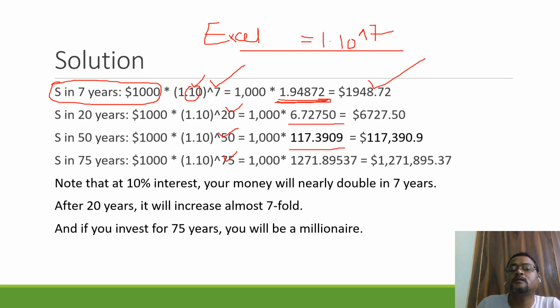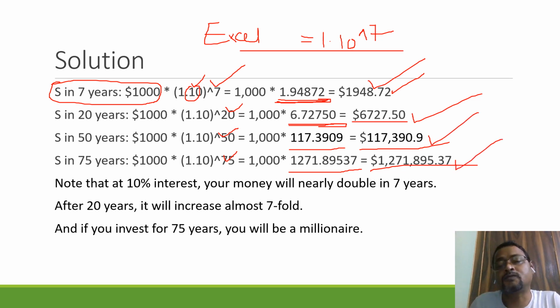As the number of compoundings increases, the future value factor is greater. So you get 6727, 117,391, 1,271,895. So this means the greater the number of years, the number of compoundings increases and the amount increases absolutely.